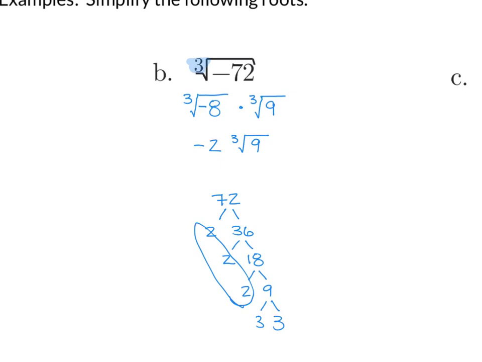My 3 times 3, this is not enough. I only have 2 3s. They cannot come outside because, again, we're looking for groups of 3. And then again, the negative, I can pull it out because the cube root of a negative number is also a negative number.